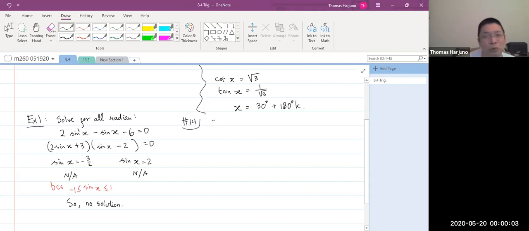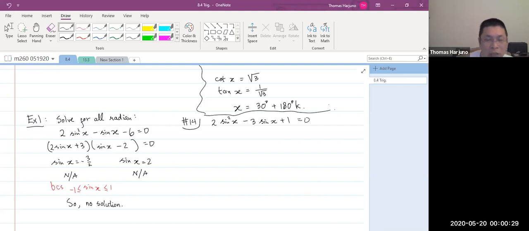2 sine squared x minus 3 sine x plus 1 equals 0. Now, suppose we solve for all radian. If I don't give you any instruction, I just say solve, then you can write your answer either in radians or in degrees.